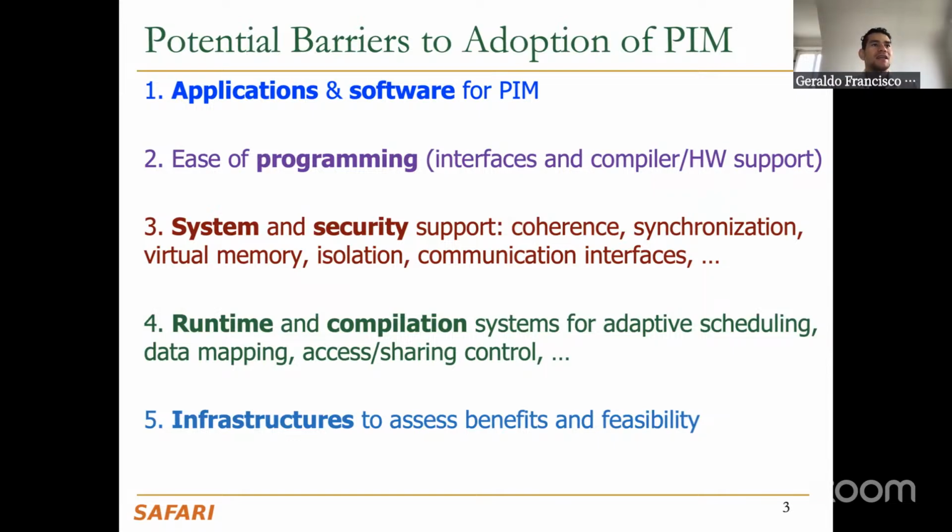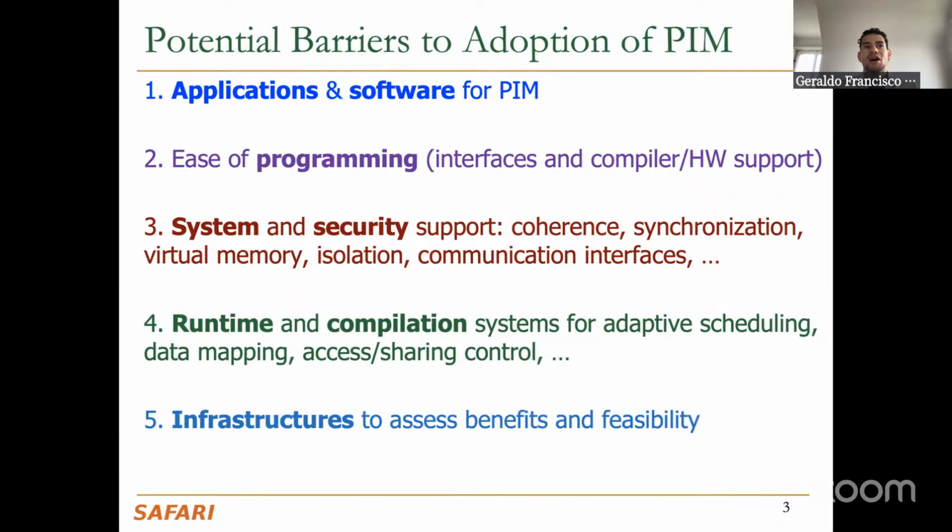through the computer architecture stack, starting from application software and understanding, for example, which applications would benefit from processing memory solutions, how we can interface with the hardware via compilers and hardware support, and what type of system integration we need to port to the processing memory system.